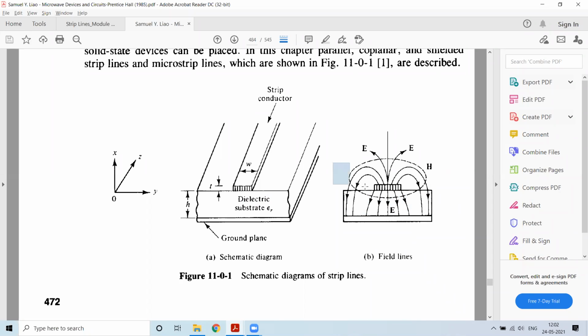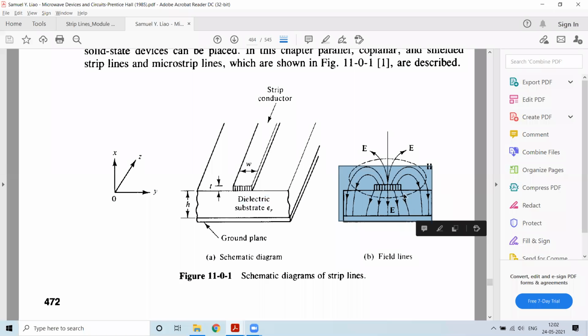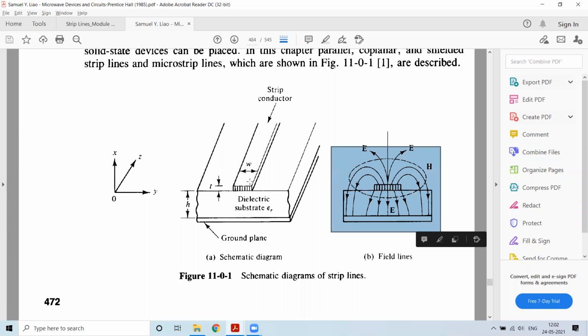It is present even at this point and even at this point, because of which we term the field as quasi-TEM waves. So in that mode it will be operating. And when we consider the field lines, the H field is at 90 degrees with respect to the E field. Based on that, these field lines will be represented.